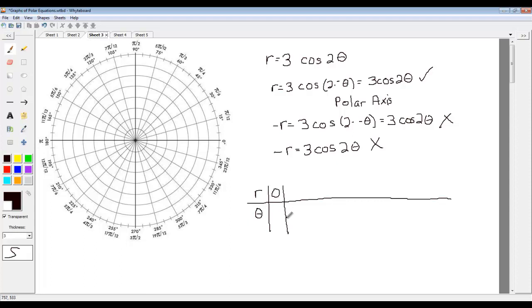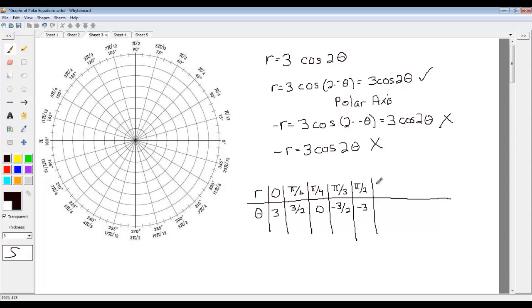If you put in 0, you're going to get 3. If you put in pi over 6, you're going to get 3 halves. If you put in pi over 4, you're going to get 0. If you put in pi over 3, you're going to get negative 3 halves. If you put in pi over 2, you're going to get negative 3.